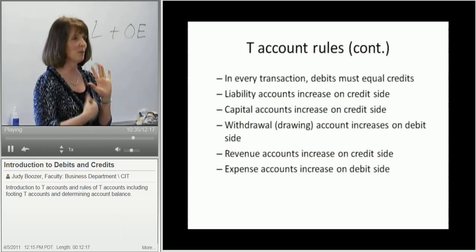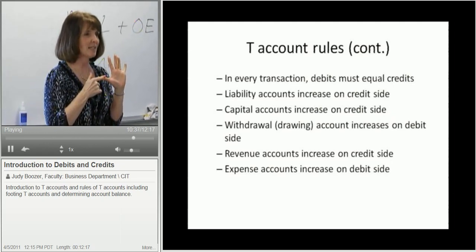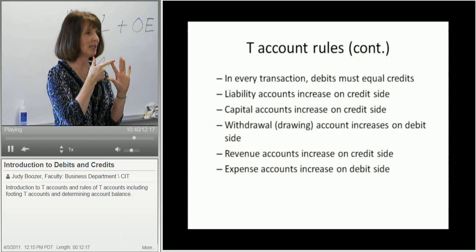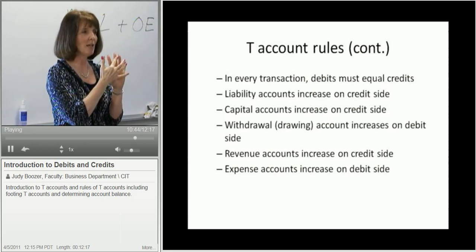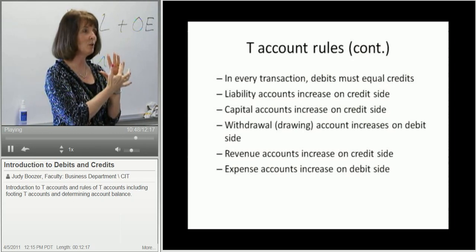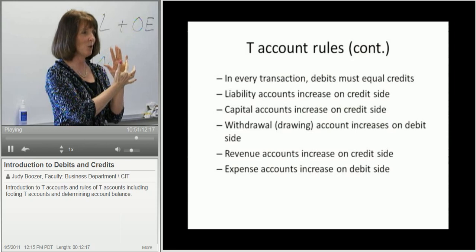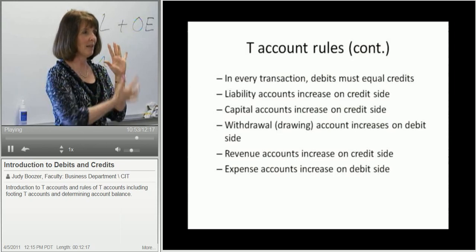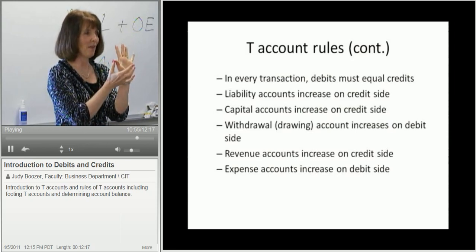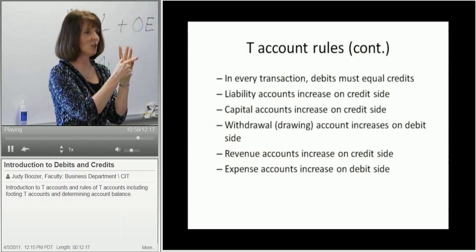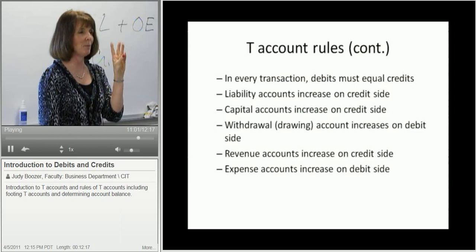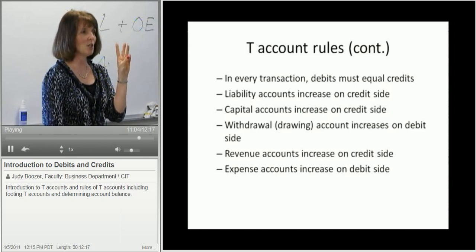So let's repeat them again. Assets equal liabilities plus owner's equity. Owner's equity is the capital account followed by revenue and expenses and withdrawals. Now, if I put my thumb and little finger together, these are all the accounts that are debit balance or increase by debiting them.